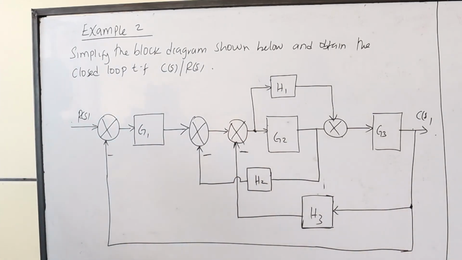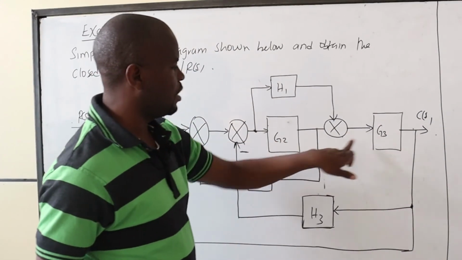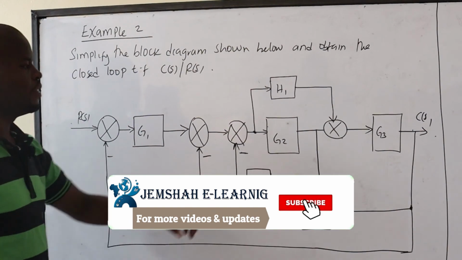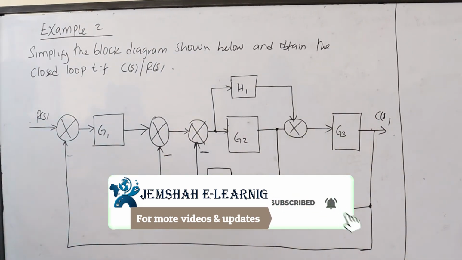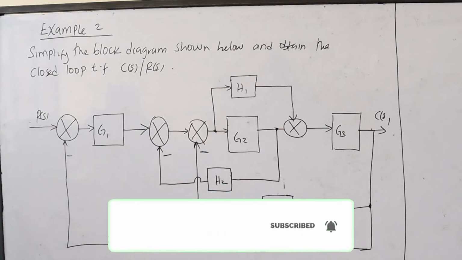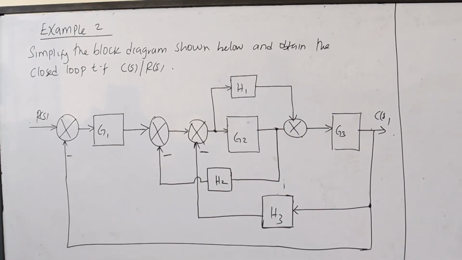Again, G2 and G3 are not in series because there is a summing point in between, and a pick-off point with a loop to H2. So we cannot use anything that is in series.